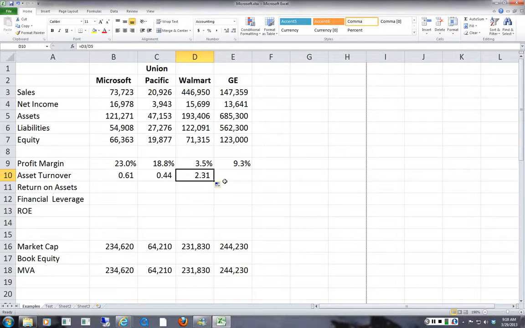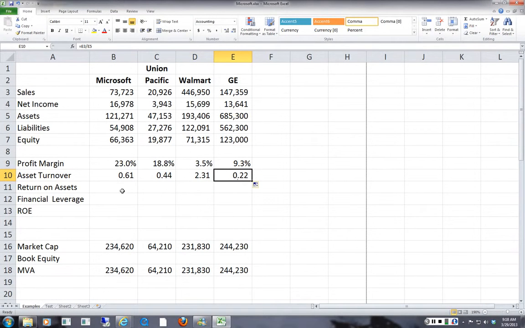So Walmart doesn't make much on each unit it sells, 3.5% on average, but it turns it over lots, 2.3 times. So Walmart stores are open a long time, aren't they? Often 24 hours a day.